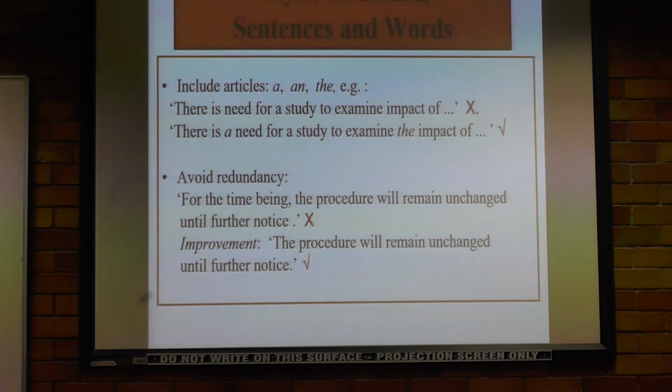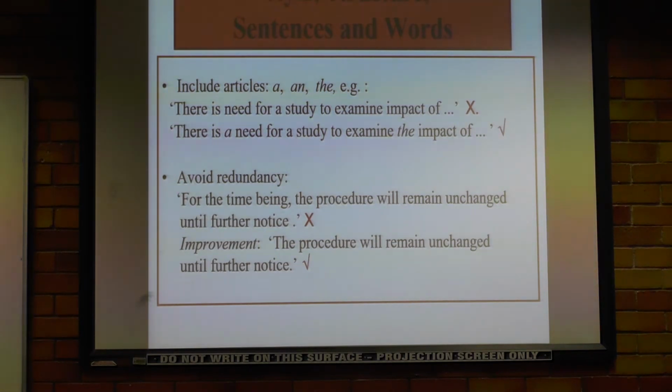Also avoid saying the same thing by using two different sets of words. Look at that. Also taken out of a master's degree thesis. For the time being, the procedure will remain unchanged until further notice. So, which two little bits duplicate each other? What did I hear? I heard for the time being.